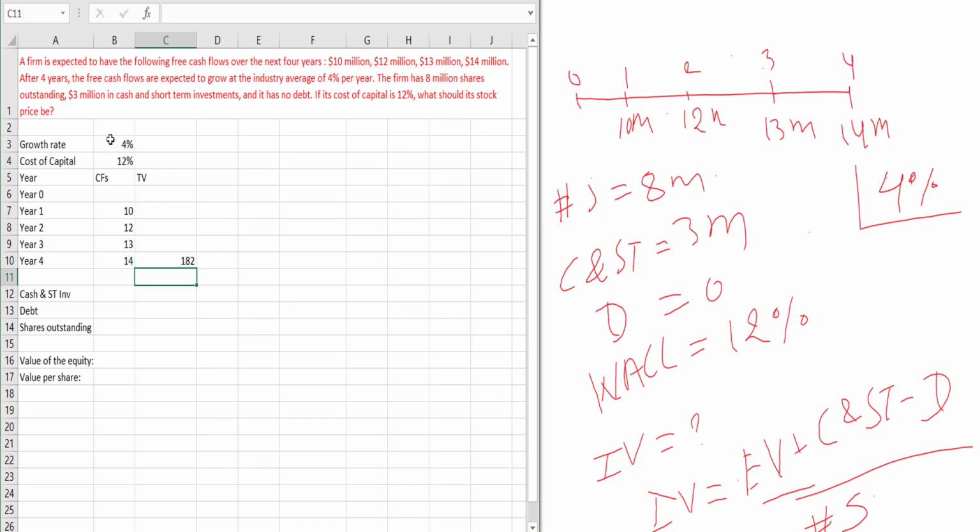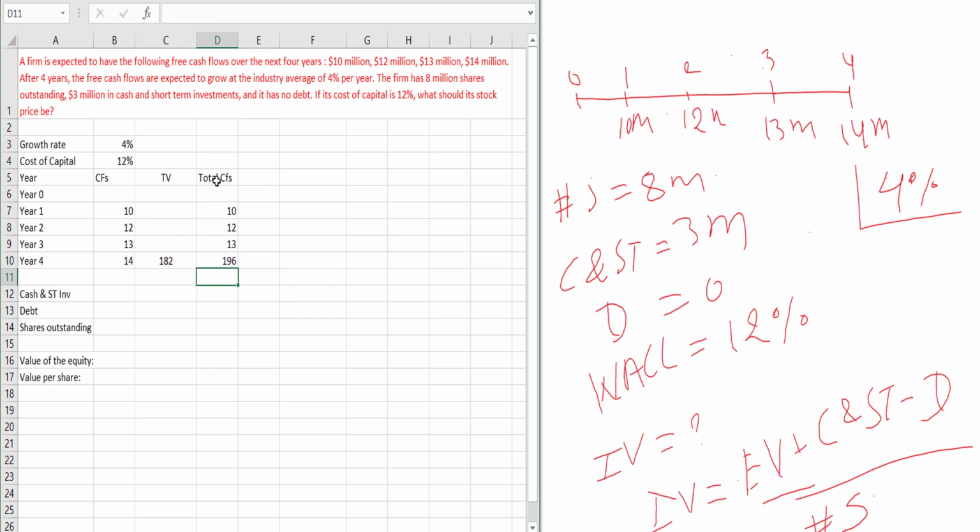By doing this, you can compute the terminal value. Once you compute the terminal value, you can compute total cash flows, right? And total cash flow for year 1 to 3 is going to be the same. But 4th year cash flow is going to be not only the cash flow, but also the terminal value, right? So you get the total cash flow.